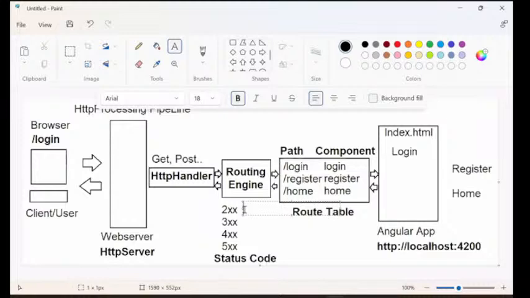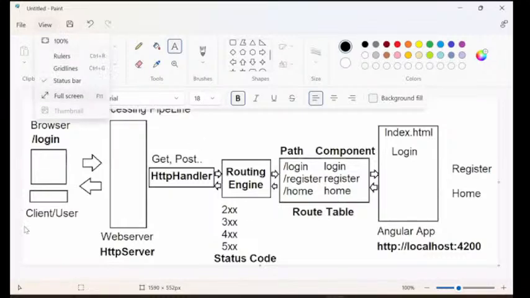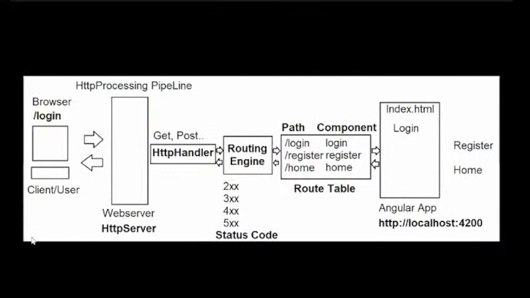So in web technologies, errors are managed by using these status codes. Now what happens here is you make a request. This request will come to the web server. The web server will process that request using an HTTP handler.